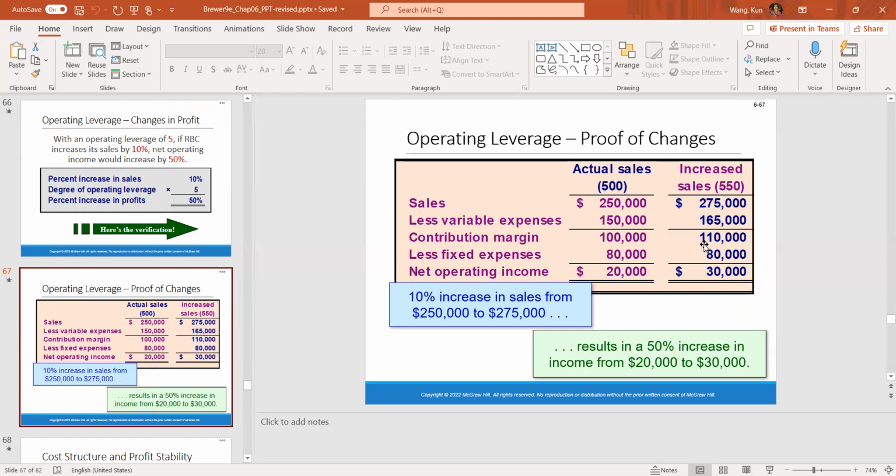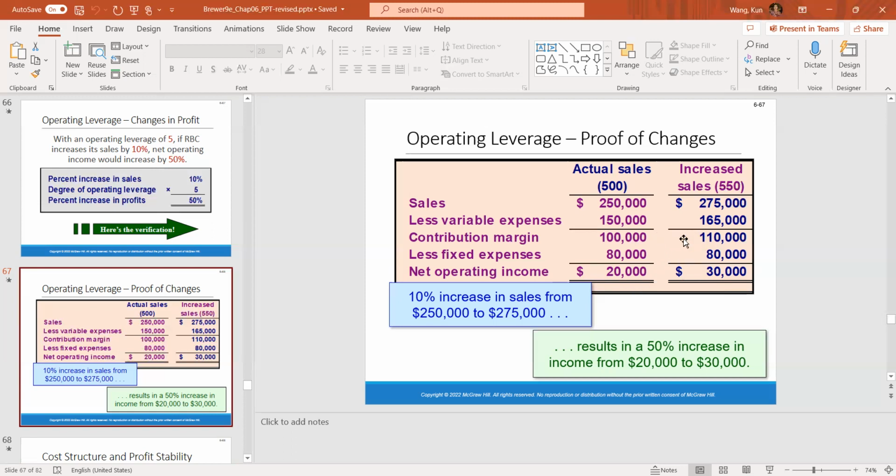So the contribution margin will increase by 10%, because the increase is 10,000 divided by the original contribution margin, which is 10%. But after deducting the constant fixed expense, the net income will increase by 10,000. This 10,000 divided by the original income, you can see, is 50%.